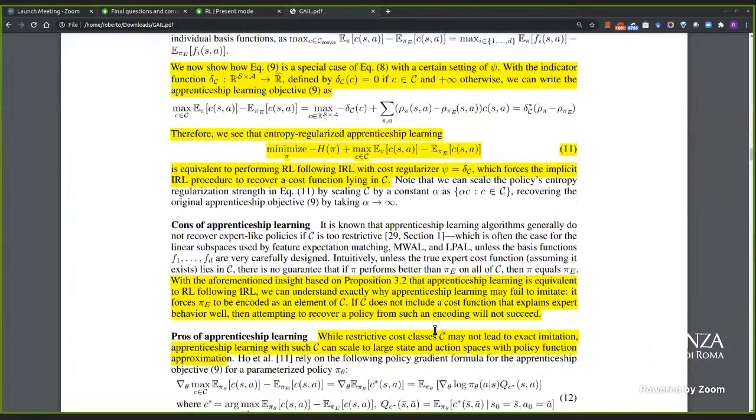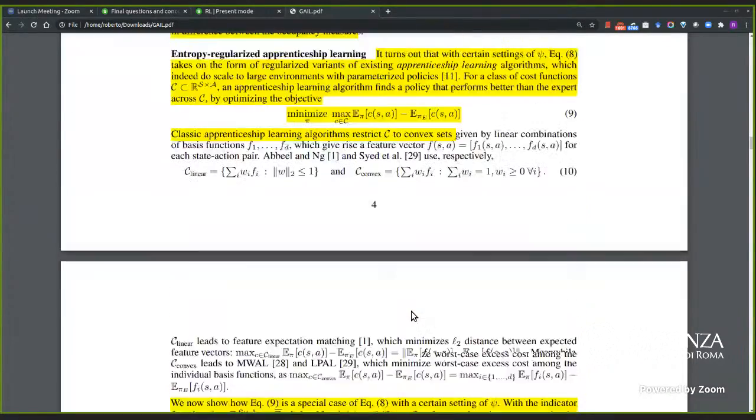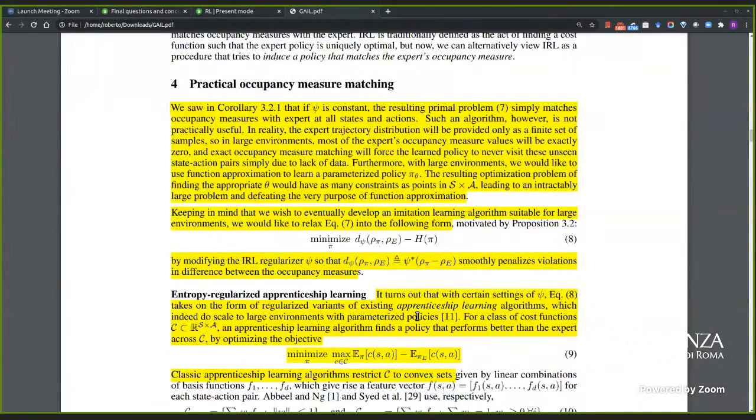So they're comparing this with the occupancy measure matching, the exact occupancy measure matching. And they say, okay, on the one hand, this matches exactly the occupancy measure of the expert, and it doesn't have particular constraints on the cost function that we consider.